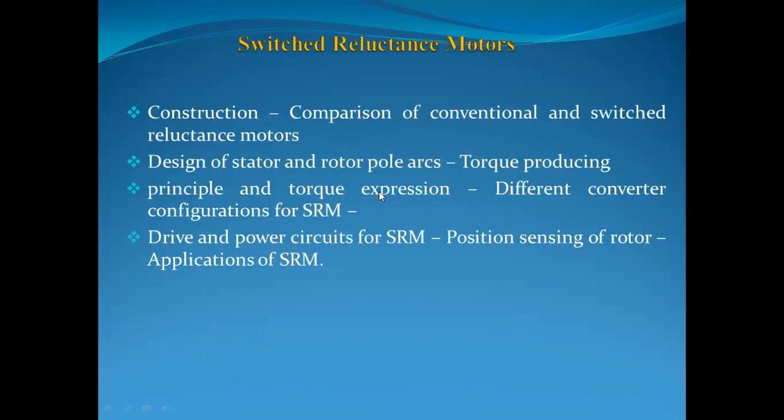Therefore, depending upon the reluctance condition, we designed a motor, the switched reluctance motor. This switched reluctance motor involves construction, comparison with conventional switched reluctance motors, design of stator and rotor poles, torque producing principle and torque expression, different converter configurations for switched reluctance motor, and drive and power circuits for switched reluctance motor.